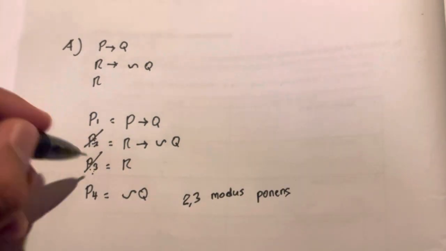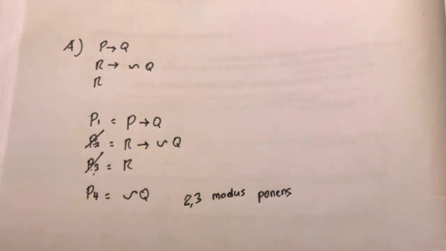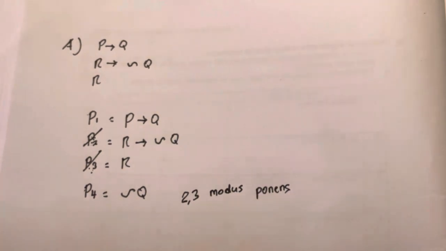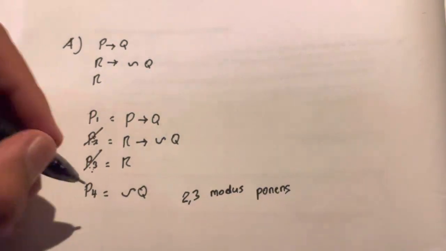After we are done, as you can see, we are left with P1 and P4. So we can still cut it. For this one, we can use the brother of modus ponens, which is modus tollens.